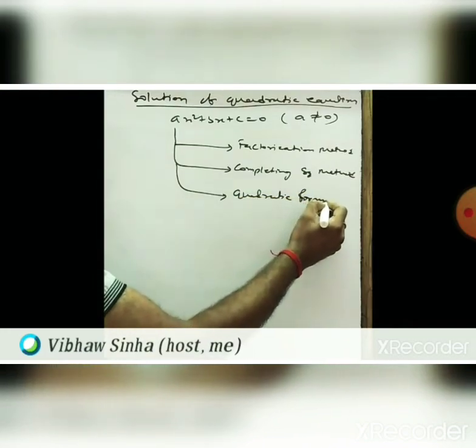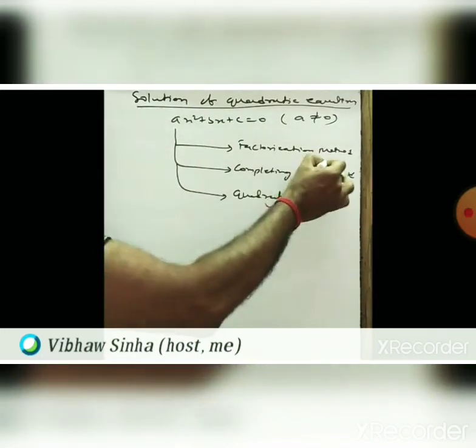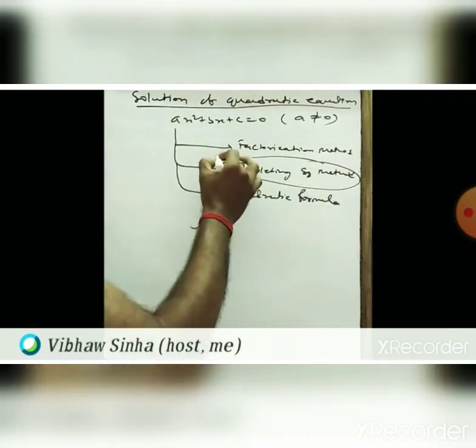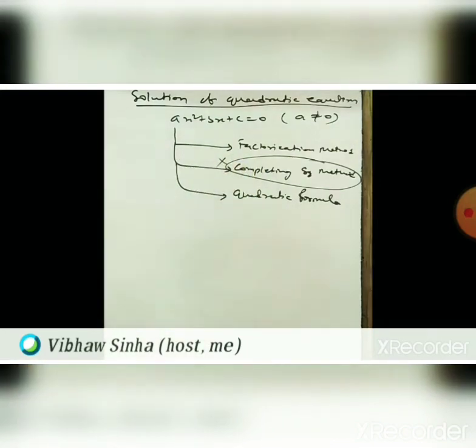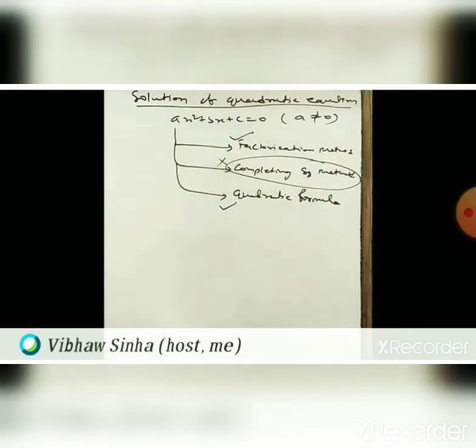By the quadratic formula, you find the solution of the quadratic equation. This second method is omitted. It was omitted last year also and for this year also. We will only learn two methods, the factorization method and the quadratic formula.